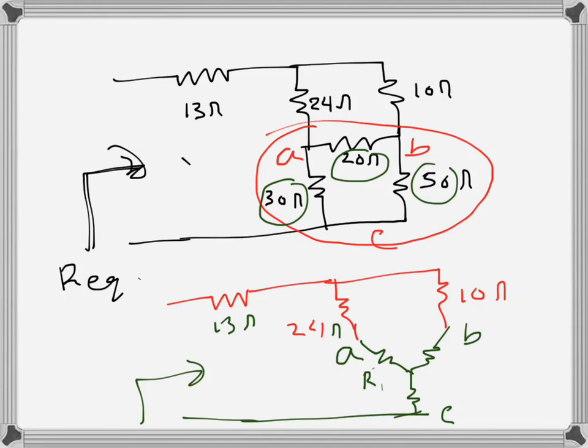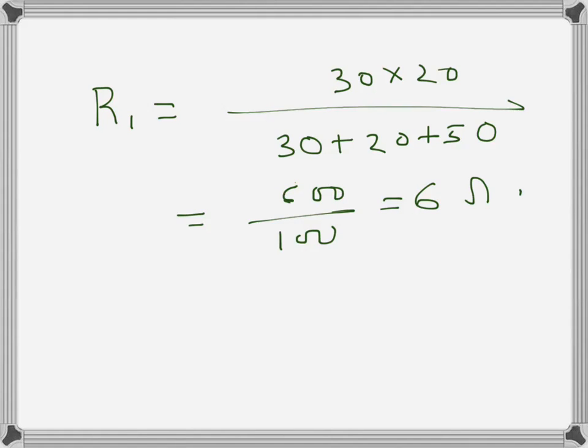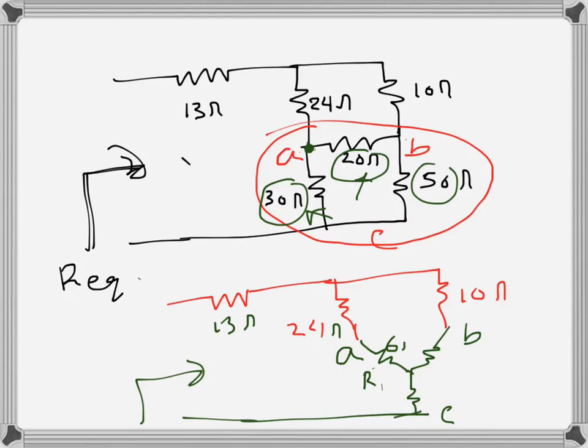And on the numerator, since this is connected from A, the two resistances that are connected to node A will be multiplied. So 30 times 20, that is 600, over 100. So that will be 6 ohms. So this resistance will be 6 ohms.